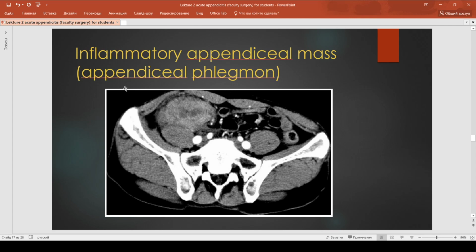What is inflammatory appendiceal mass? It's a newly defined mass of inflammatory periappendiceal tissue, manifesting as a tender mass in the right lower quadrant. We can use non-operative management of acute appendicitis.